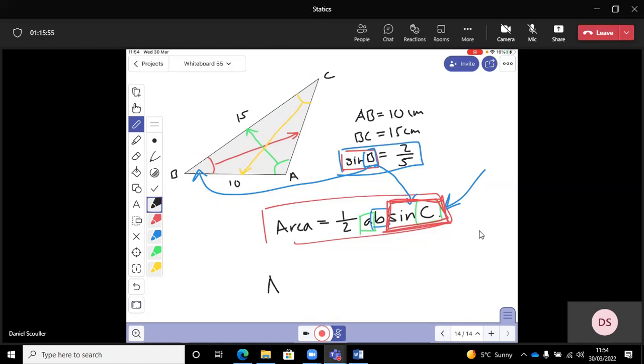When we're working out the area, the two sides that we're using have to be the sides that aren't the matching pair to this angle. Now it doesn't matter if that's A and C, or A and B, or B and C. It can't be one of the sides which is a matching pair to this angle here.